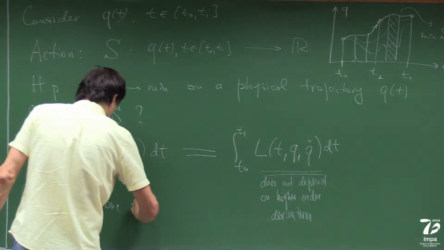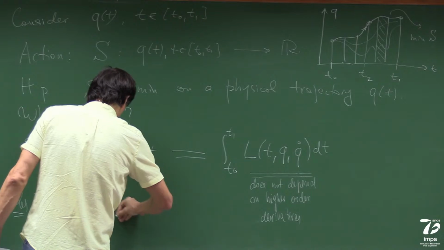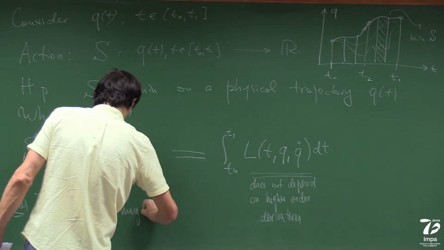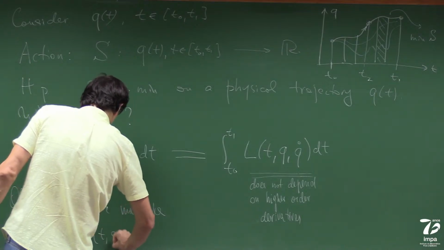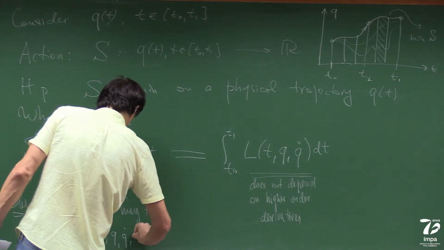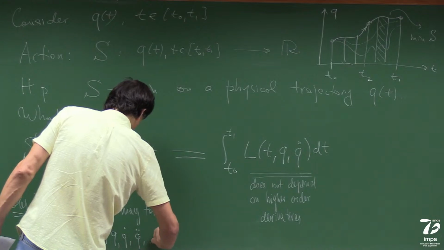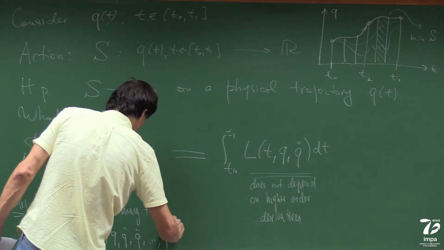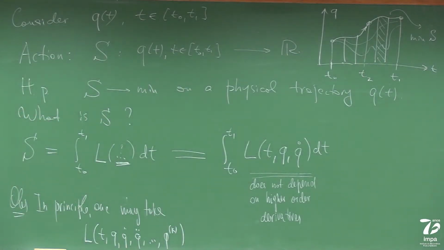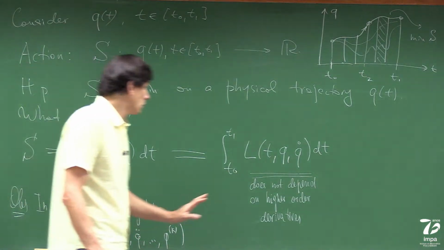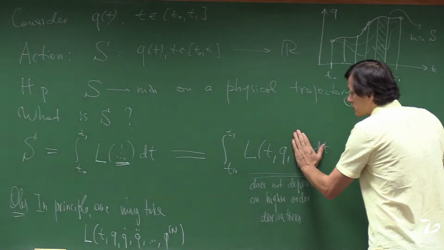So what you can say here is, in principle, one may take the function L with any number of derivatives, right? For example, until some derivative k. So why do we take only the first? First of all, if you take less, it will not work.